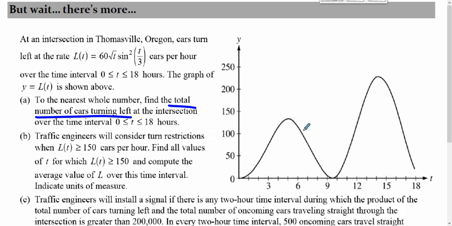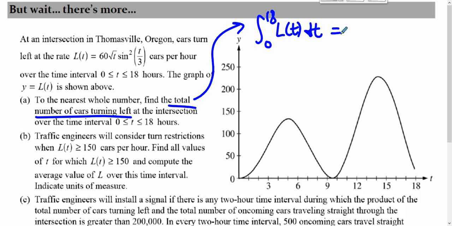If this is the rate, and we're interested in the total number, this is definitely an integral from 0 to 18. Without a doubt, that's an integral. When in doubt, it's an integral, and the calculator does it for you.